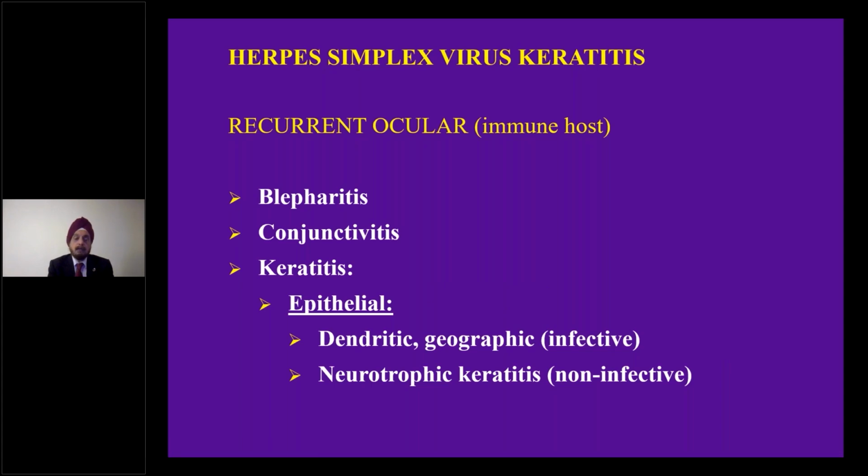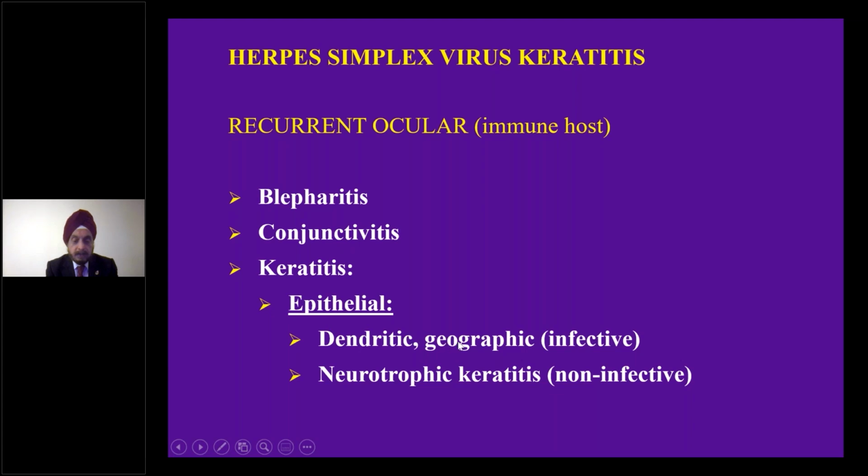Now, when you talk about recurrent, like I said, the patient has had the primary, that has recovered, and now they've got a second exposure, usually not from the environment, but from the virus coming down from the trigeminal ganglion. And these manifestations now in a background of already sensitized individuals is slightly different. So again, you get blepharitis, you get conjunctivitis, and the keratitis that we are most concerned with can be epithelial.